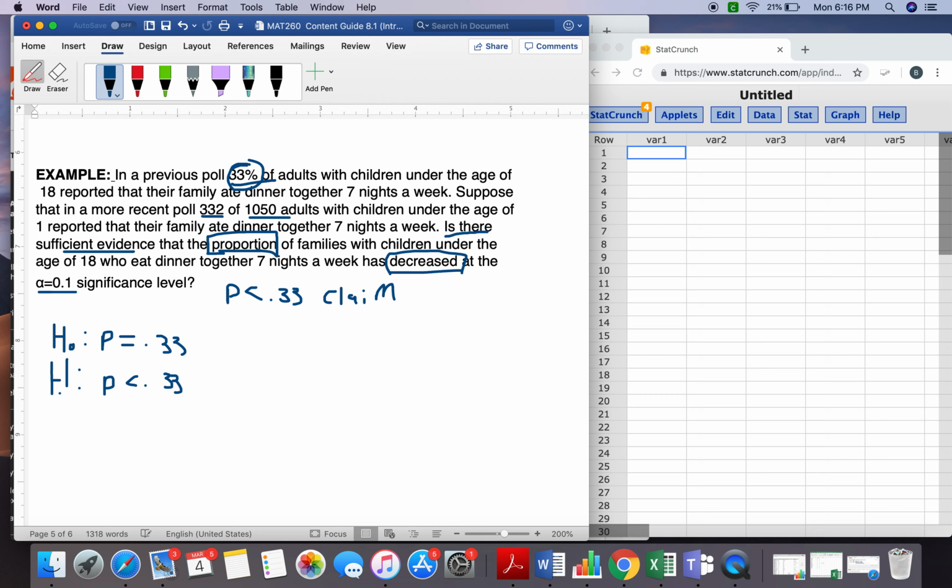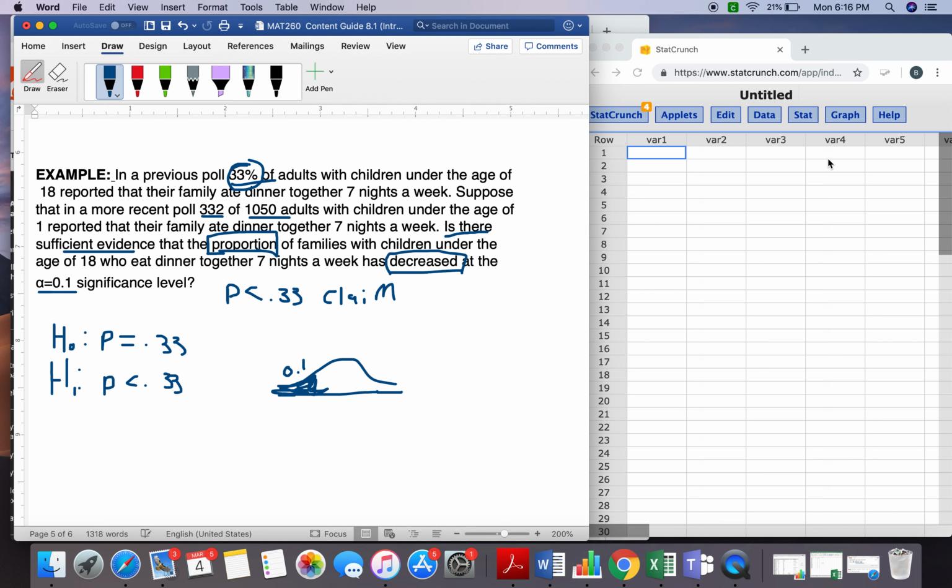So this time our alternative is the same as our claim. So first we're going to draw out our curve. And we're looking for less than. So this side is going to be shaded down here. And this area is 0.1.